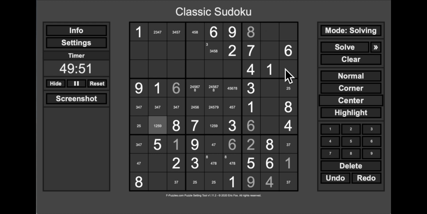Now, 1, 4, 6, 7, 8. Telling me these are 2, 3, 5, and 9 in some order. Nine.